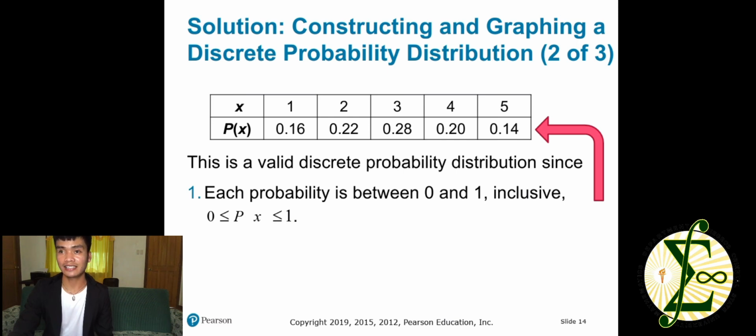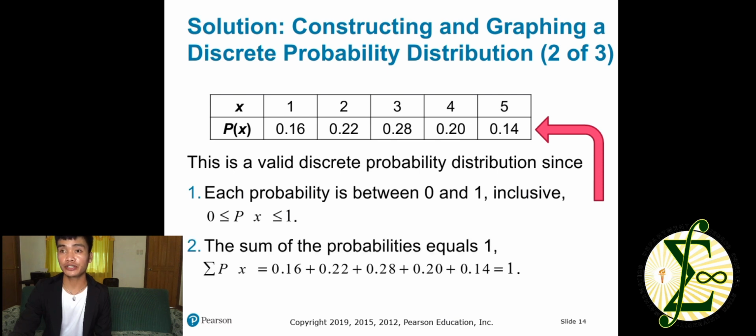And if we find the sum of all the probabilities, 0.16 plus 0.22 plus 0.28 plus 0.20 plus 0.14 is equal to 1. Thus, the situation is a discrete probability distribution.